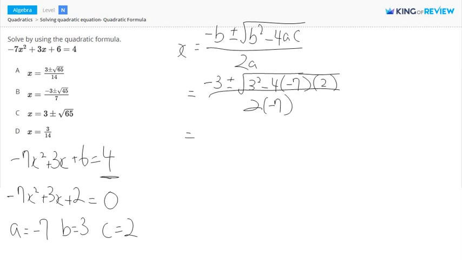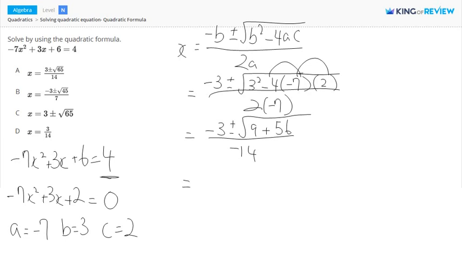So this is going to be -3 plus or minus the square root of 9 and -4 times -7, which is 28, times 2, which is 56, over 2 times -7, which is -14.